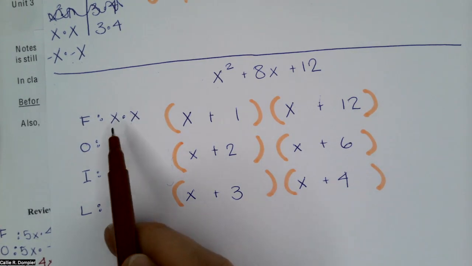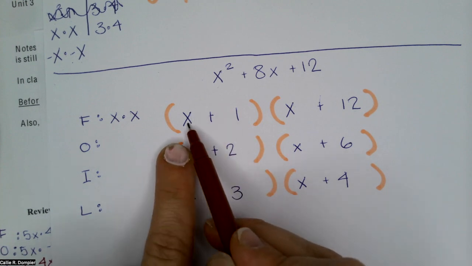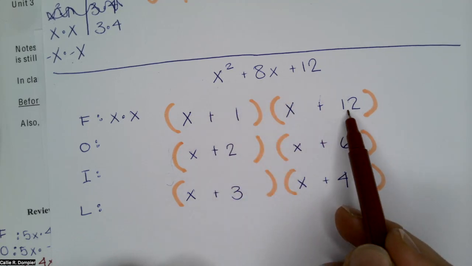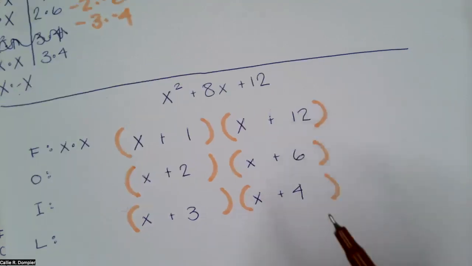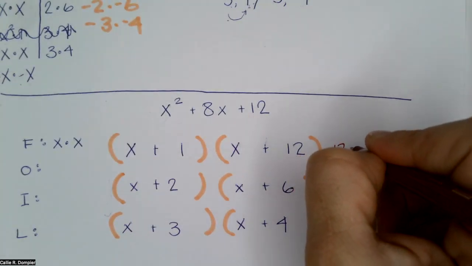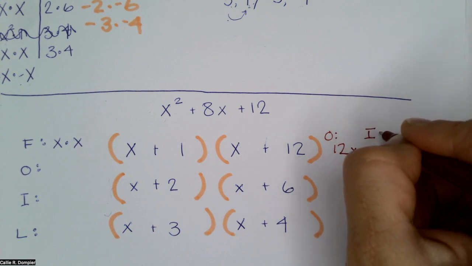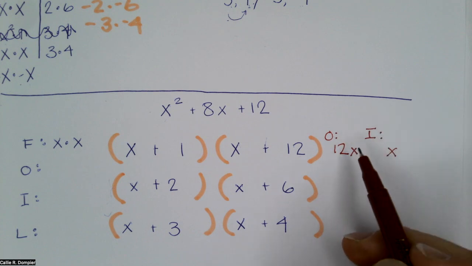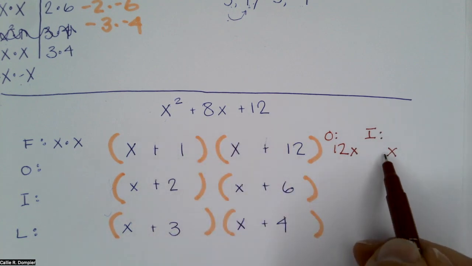Okay, so let's think about this. First is x times x. Outside for this one, all right, so let's just look at this one. X times x, outside would be 12x, inside would be 1x. Sorry, 12x for my outside, 1x for my inside.